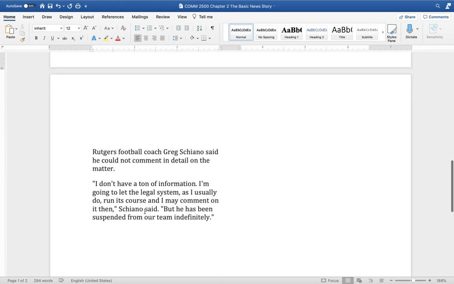And finally, we have a comment from the football coach. Rutgers football coach, who of course you would want a comment from, says here he can't comment in detail. So he says, "I don't have a ton of information. I'm going to let the legal system, as I usually do, run its course, and I may comment on it then.